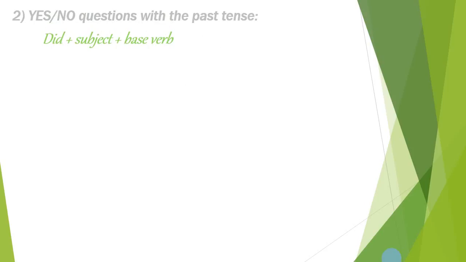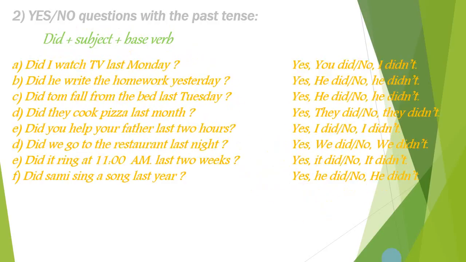If we want to make a yes/no question, we have to do it like the form below. I will show you the examples now to understand it carefully. Like example A: did I watch TV last Monday? So the answer will be: yes, you did, or no, I didn't.